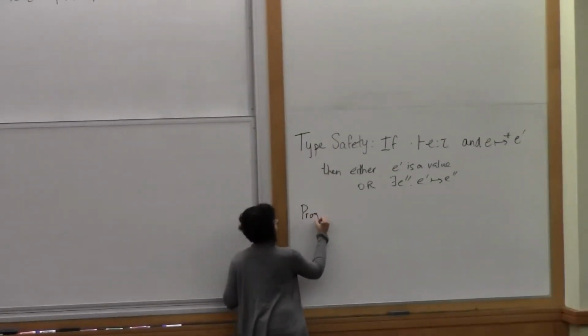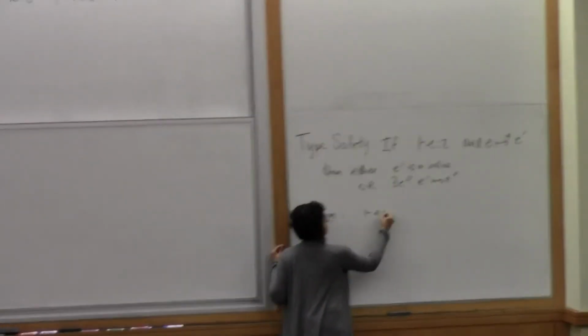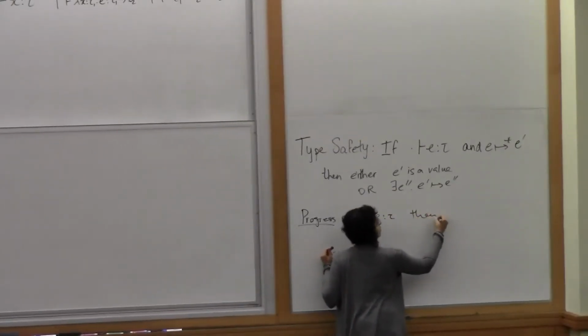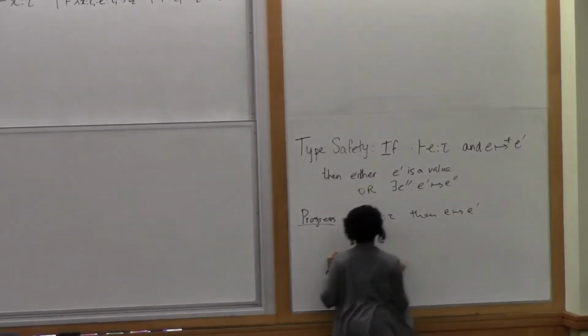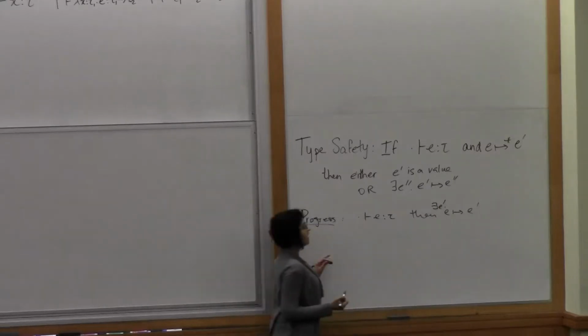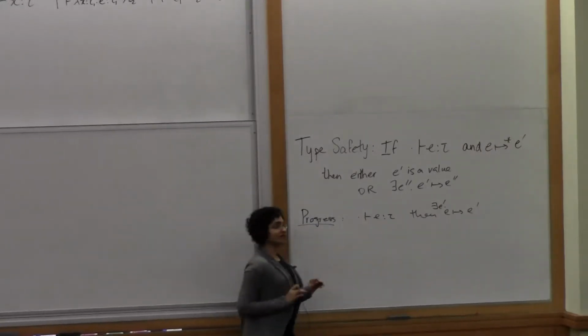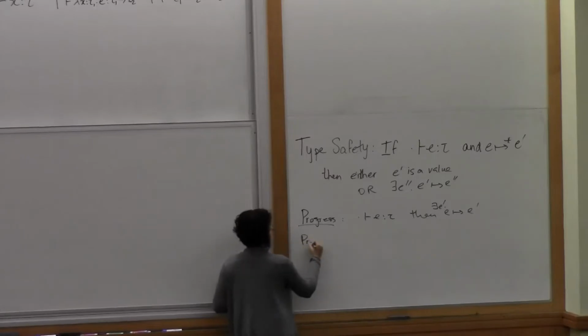So let's think about progress and preservation. Let's write it down then. Progress says that if E is well typed, then we can always take one step. By the way, anytime I start writing too small, just tell me immediately. Okay? All right.